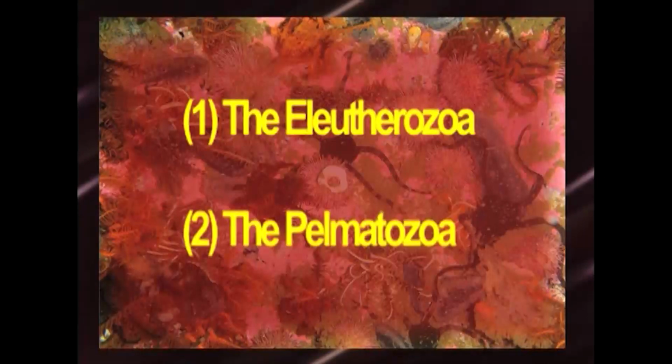By the infiltration of calcite and the development of cleavage, the organic structure in fossil echinoderms is sometimes partially or almost completely destroyed. The echinoderms are divided into two main groups, that is Eleutherozoa and Pelmatozoa.